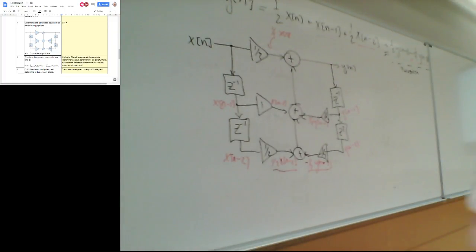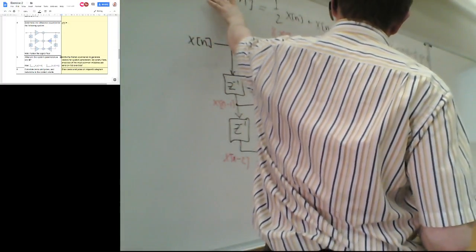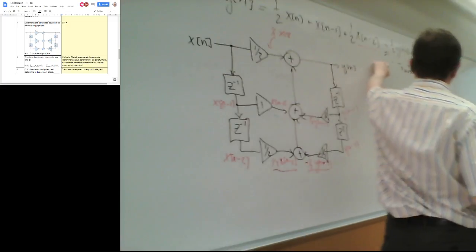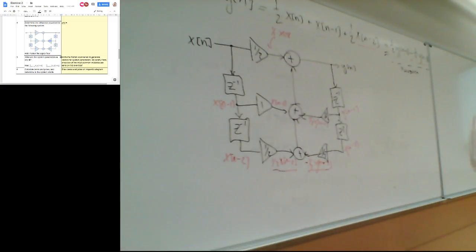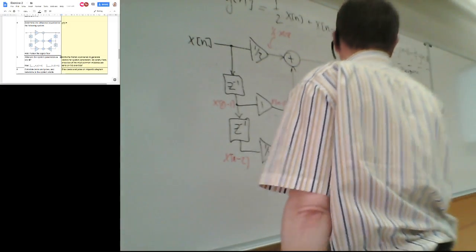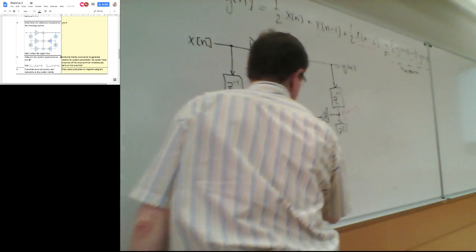However, that's not quite enough yet. Since MATLAB, or basically any system for digital signal processing, you don't actually use this difference equation. You use a more generic form of a difference equation.